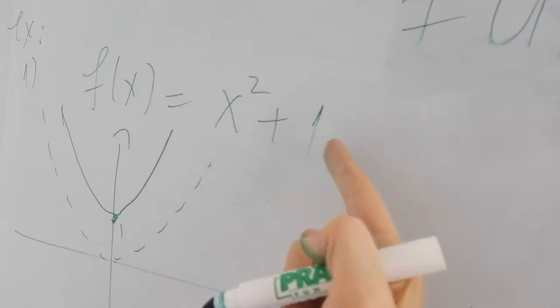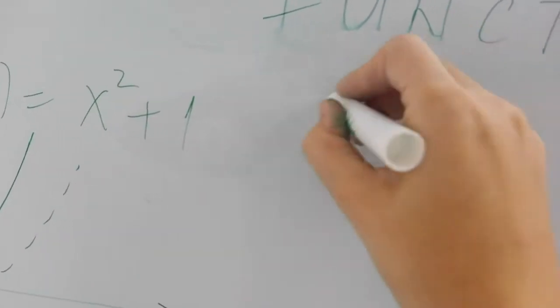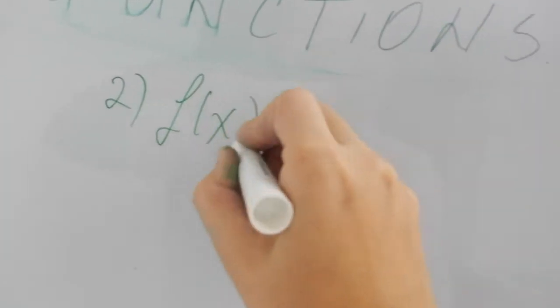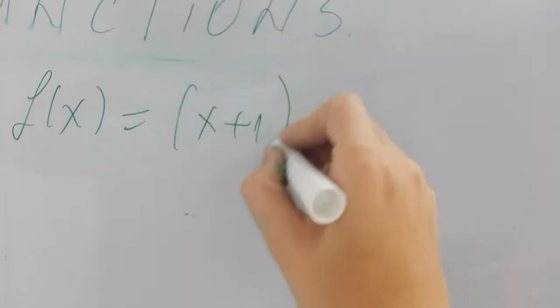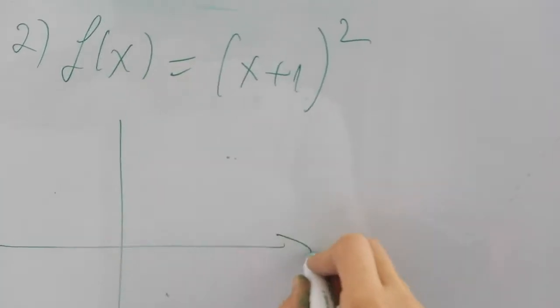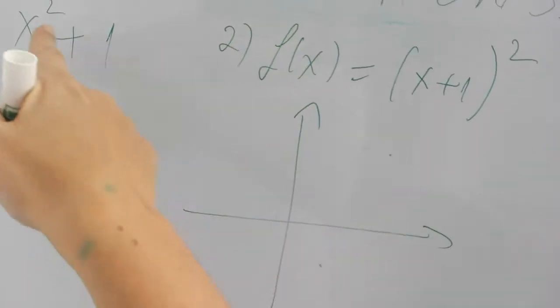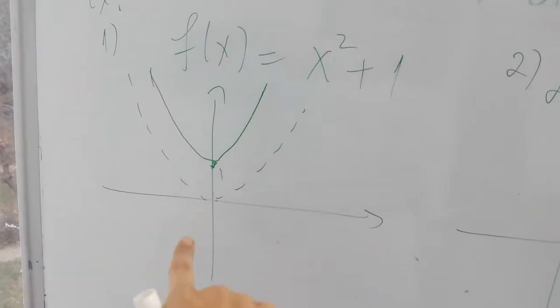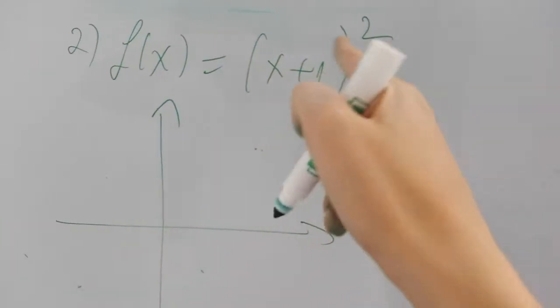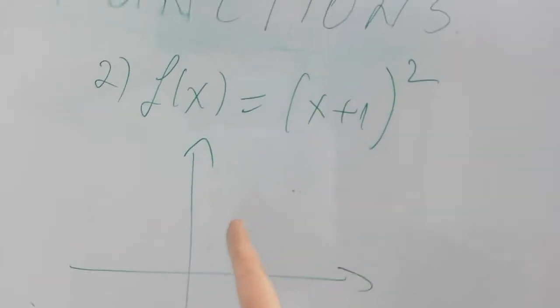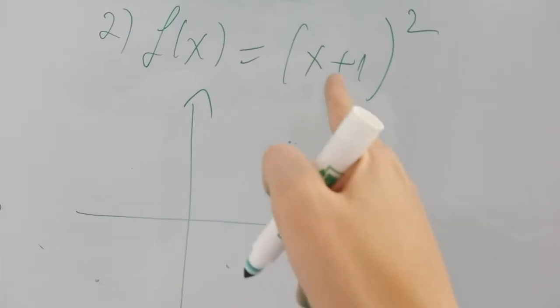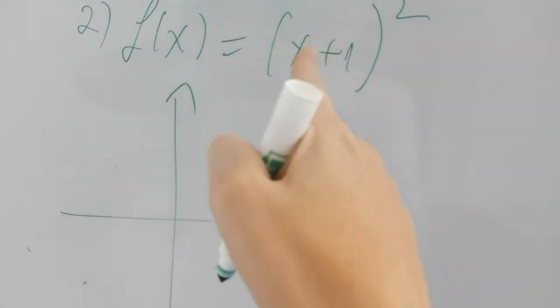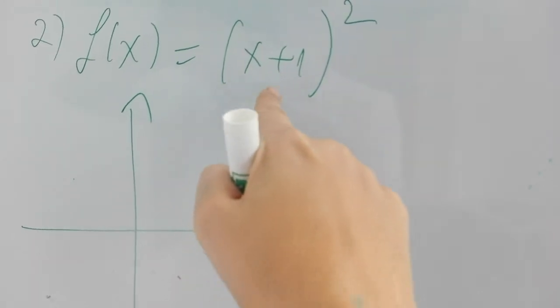Okay, this would be the graph of my x squared plus 1. Now if the plus 1 were inside, in my number 2 example, if I had x plus 1 all squared, my graph would move left or right. So remember, if you have a plus c or a minus c outside, the graph will move up or down on the y-axis. But if you have the number inside, minus c or plus c, it will move left or right. Now in my case, you have to think about where the vertex of this parabola will be, wherever makes this equal to 0.